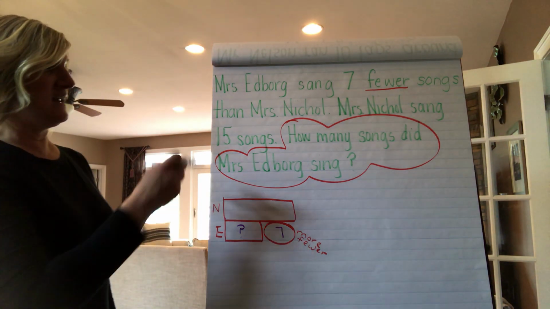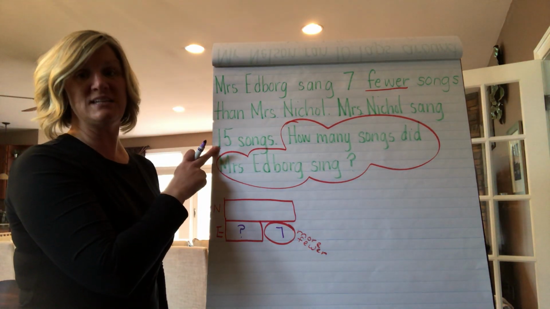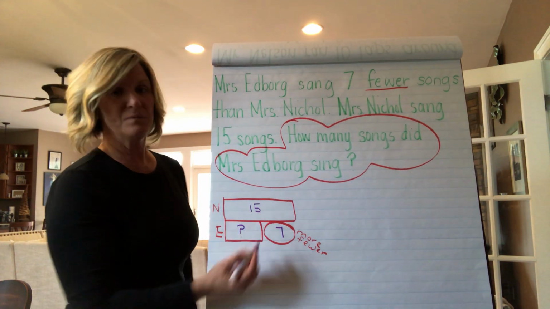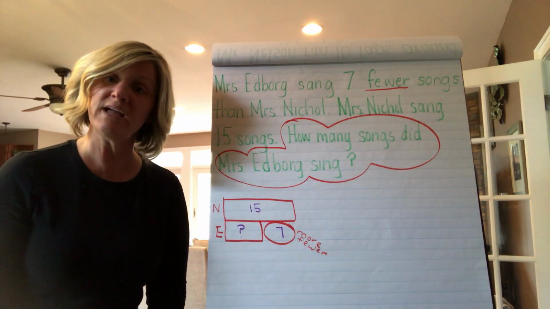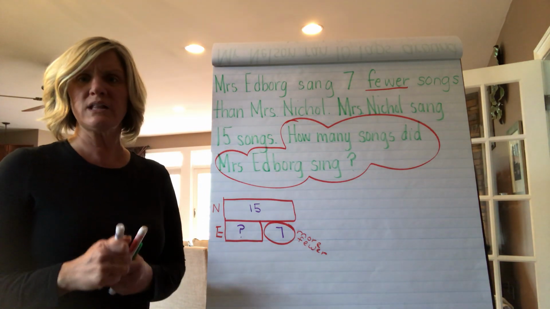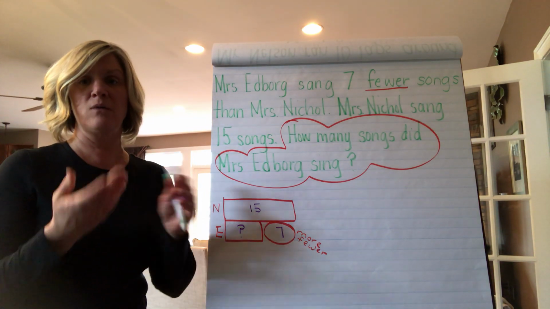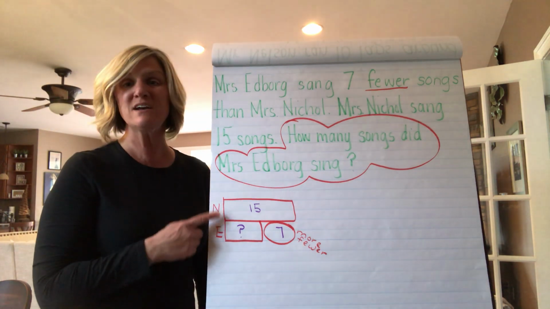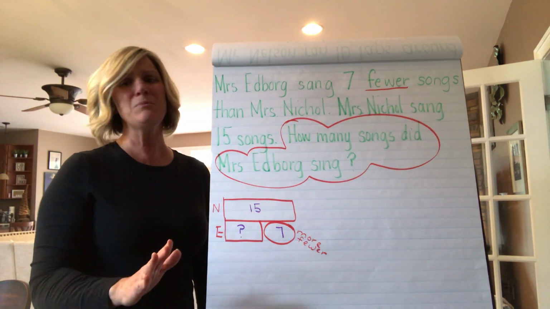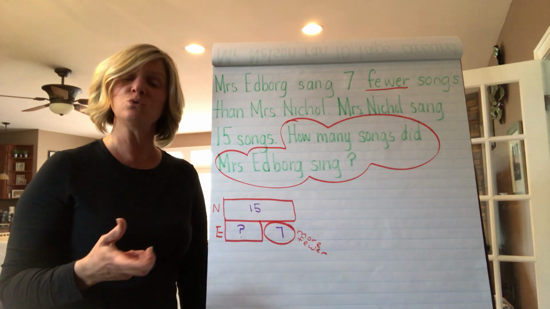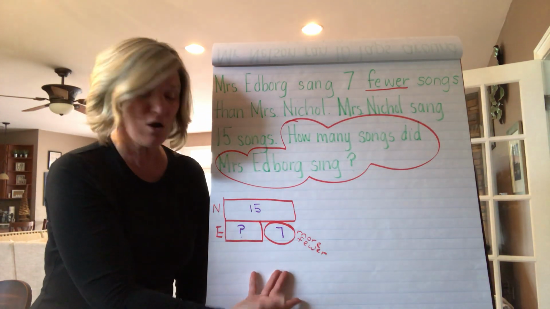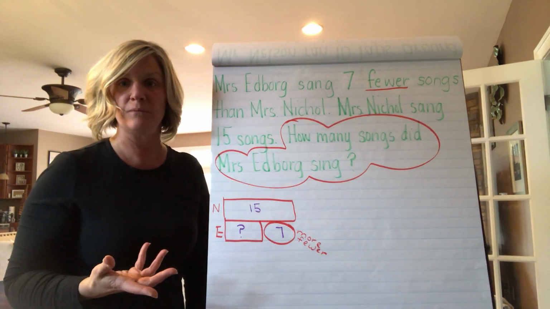It also said Mrs. Nickel sang 15 songs, so I can plunk that right up here. If you're wondering how did she know so quickly where to put Mrs. Nickel's number and where to put Mrs. Edborg's question mark, it's because I labeled them. Labels are so important to remind you of what you're working on.